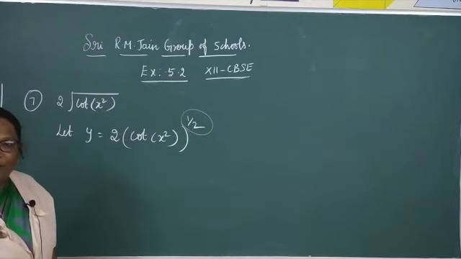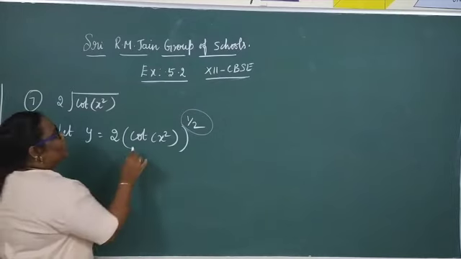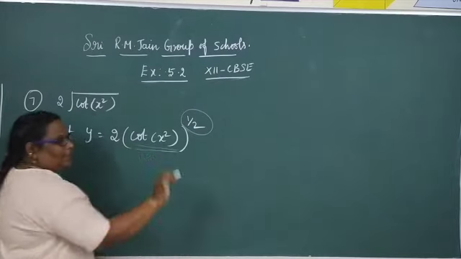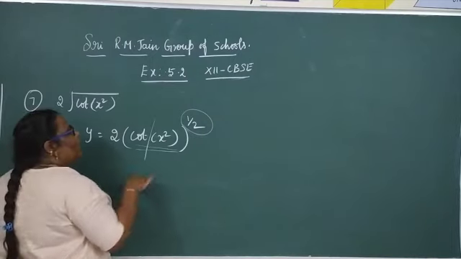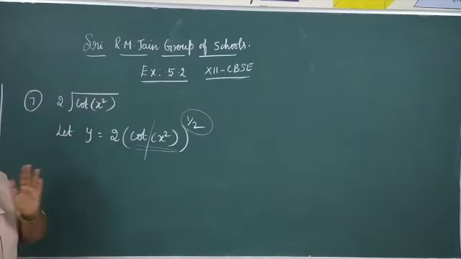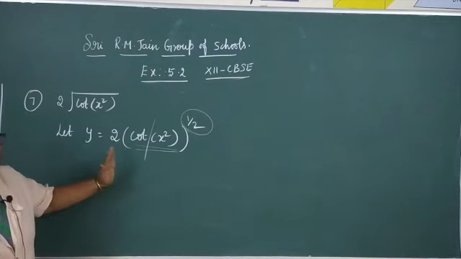Whenever a power comes, you first differentiate the power. Next cot of x, next x square. You split up the term. You don't do it in a chain rule. You will do it in such a way.